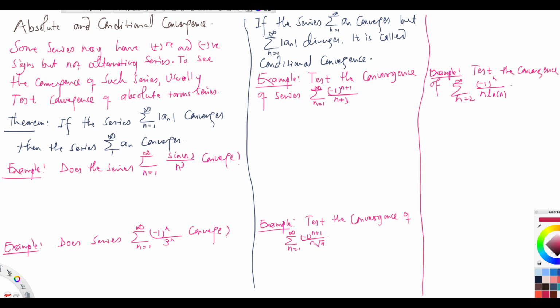If the series is alternating, we have a theorem to check its convergence or divergence. But if the series is not alternating but still has positive and negative signs, the alternating series theorem cannot be applied. In that case, we can use a kind of comparison.